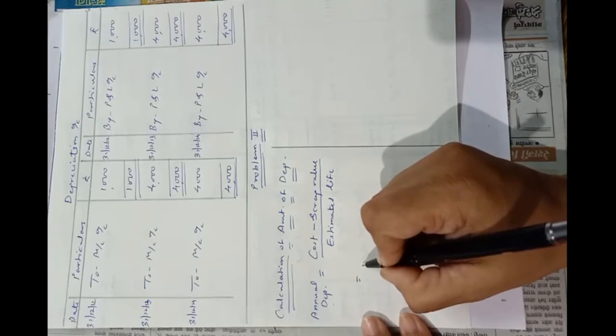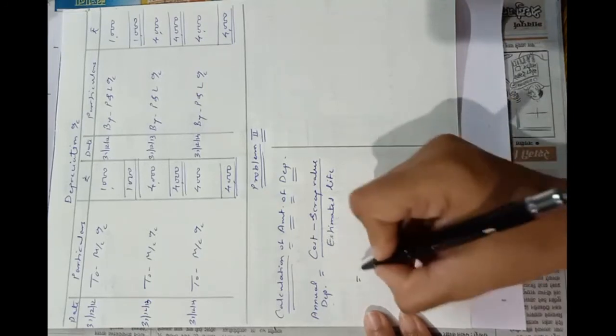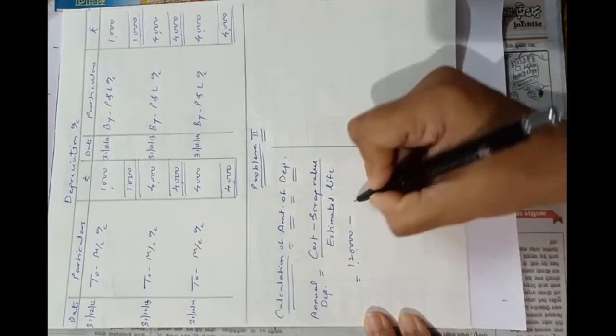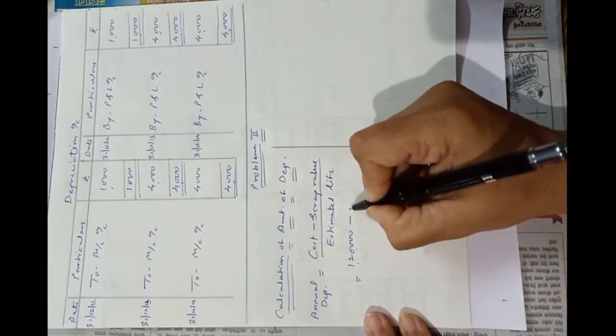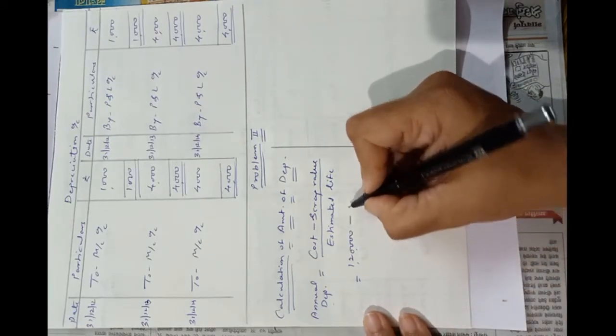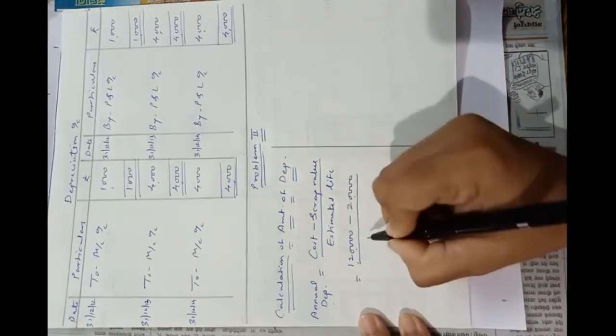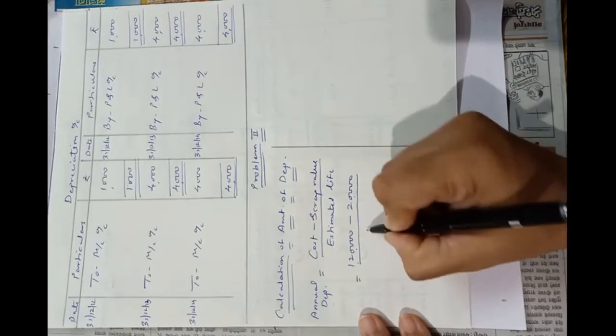As we have discussed earlier, the cost of machinery 1,20,000 minus scrap value given in the problem is rupees 20,000, divided by estimated life 10 years.